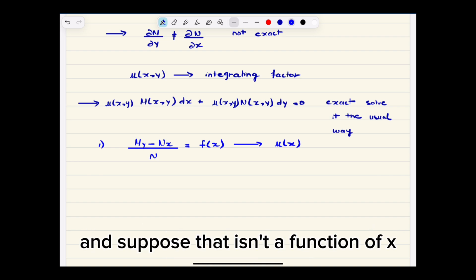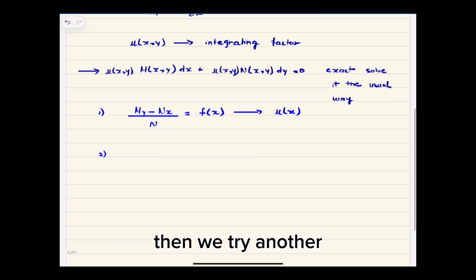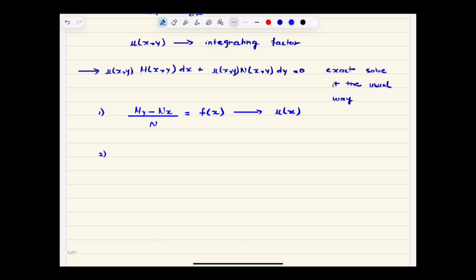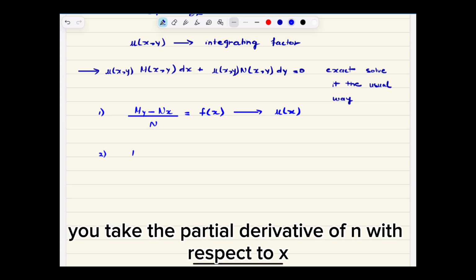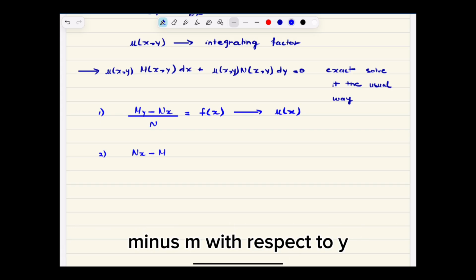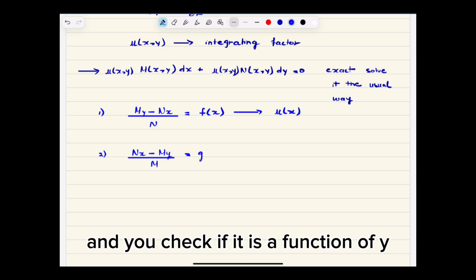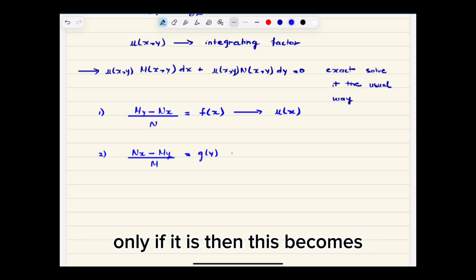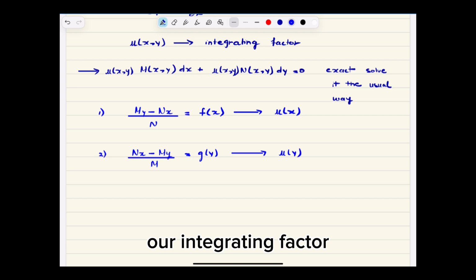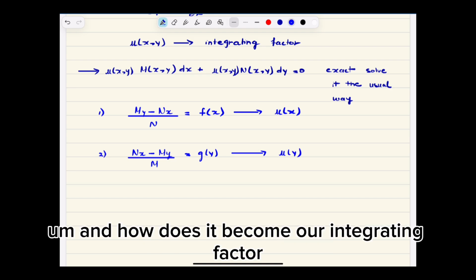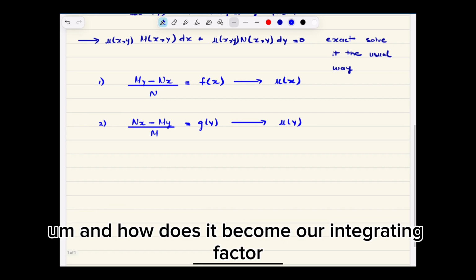And suppose that isn't a function of x, then we try another possibility, which is you take the partial derivative of N with respect to x minus M with respect to y, and you divide it through by the function M, and you check if it is a function of y only. If it is, then this becomes our integrating factor. And how does it become our integrating factor?